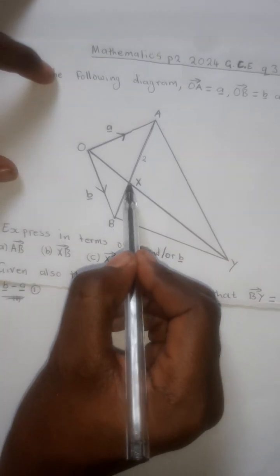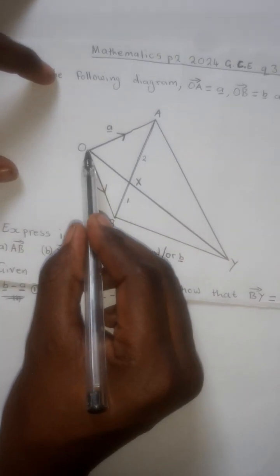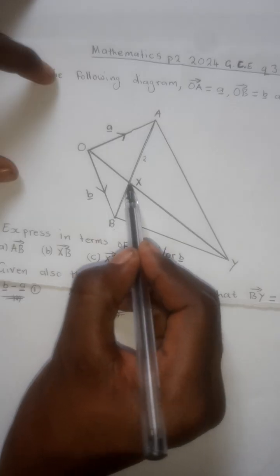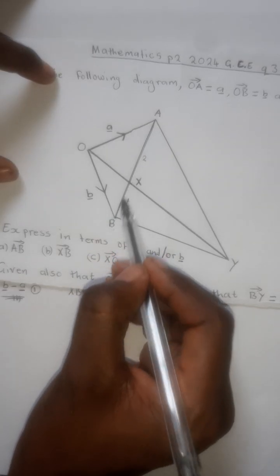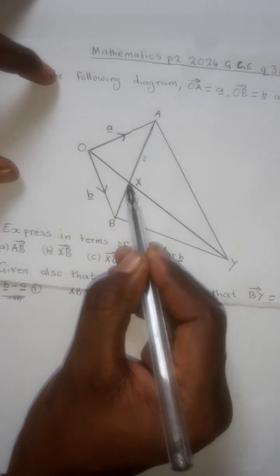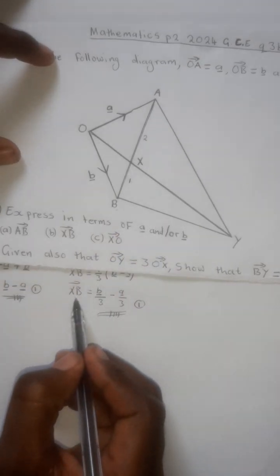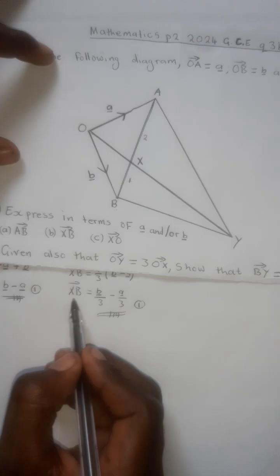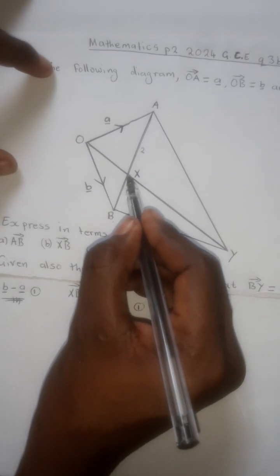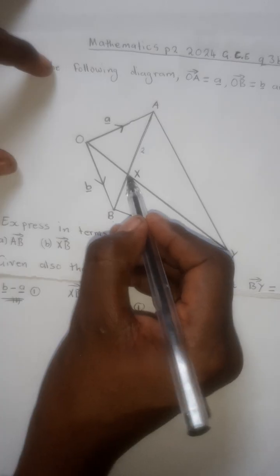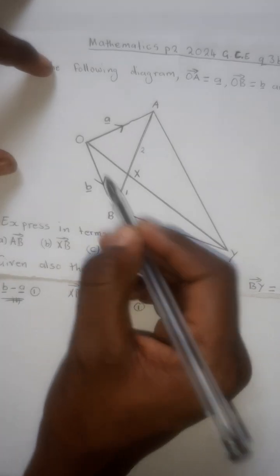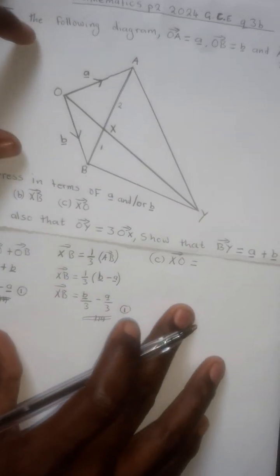So from X to O, we can say we move from X to B. Why are we passing here when there is no root? We know this root. We've already found it in the previous question. Okay, so we can use it. So for us to move from X to O, we can say from X to B, then from B to O. As simple as that.